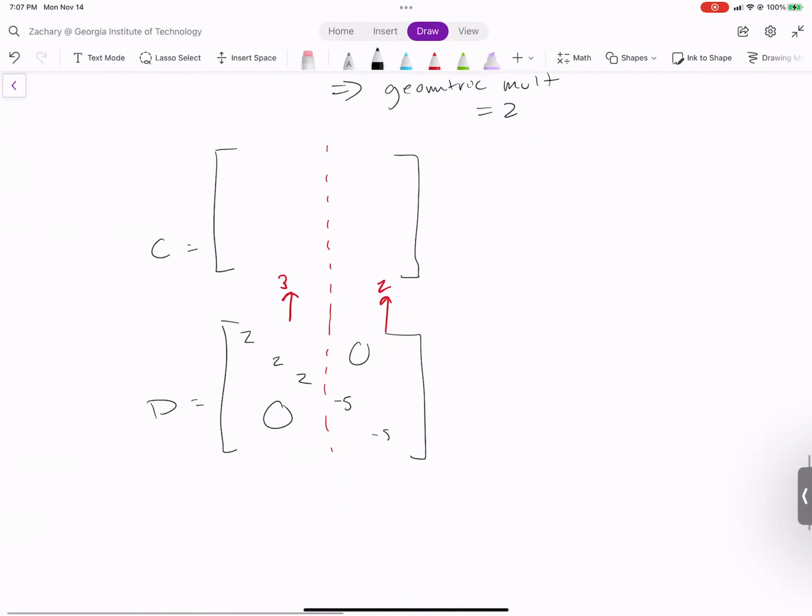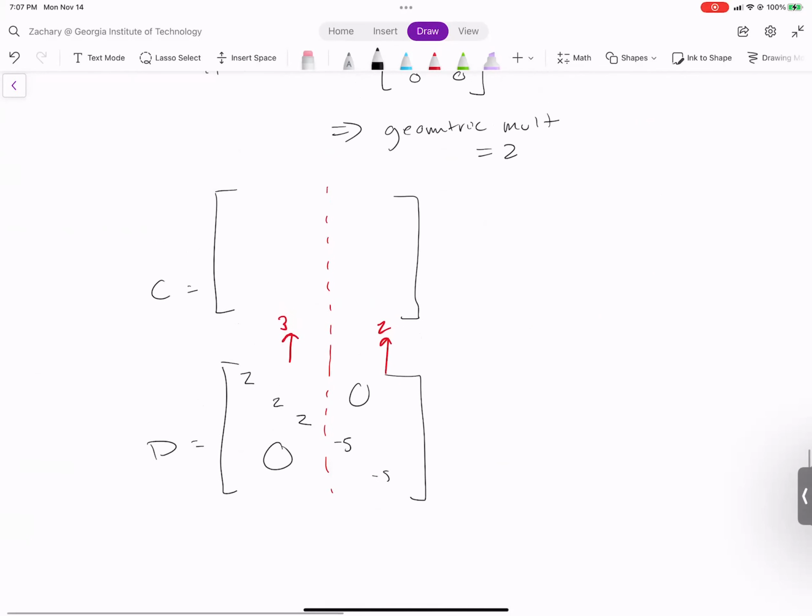Anyways, any other questions about this stuff? Can you explain what you were saying? So what I'm saying here is that we have an algebraic multiplicity of 3. Algebraic multiplicity corresponds to how many columns that number gets. Eigenvectors fill in these columns in the C matrix.